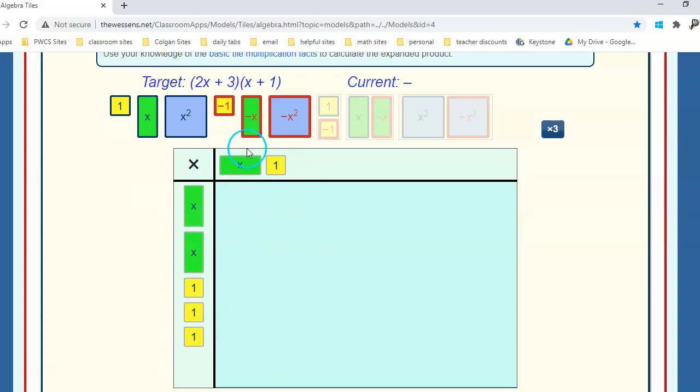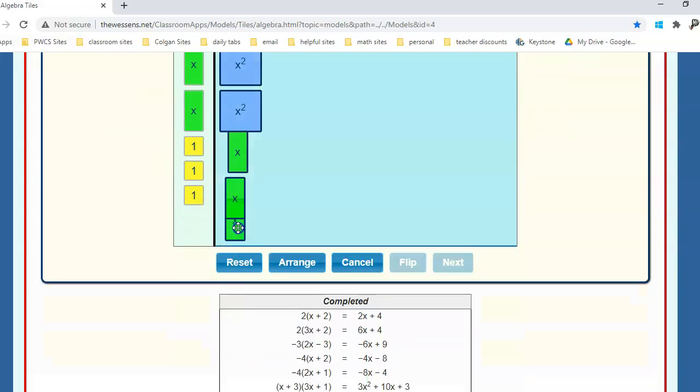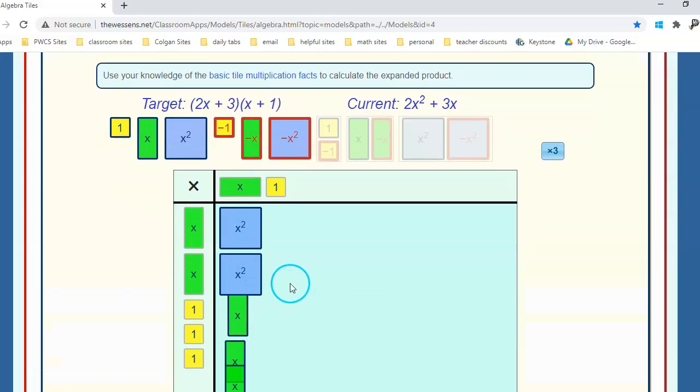Same process. X times x, well, that would be x squared. Oops, I forgot my times 3 was on. This x times this x is still going to give us an x squared. I'll just go down the row. X times 1 is just x. And then we have x times 1, so that's another x.